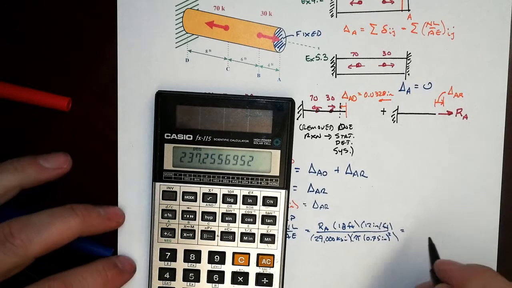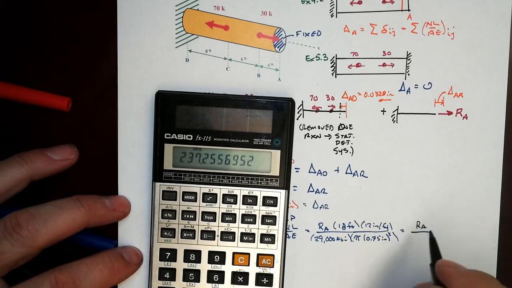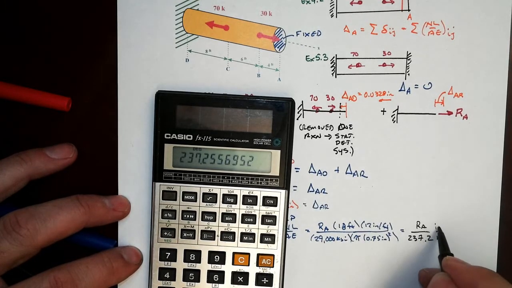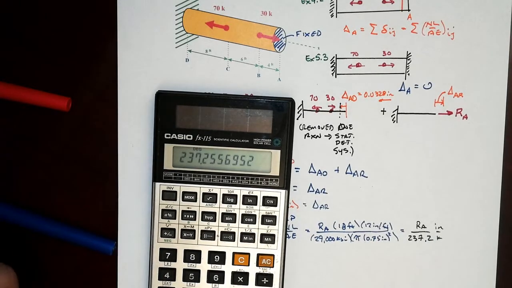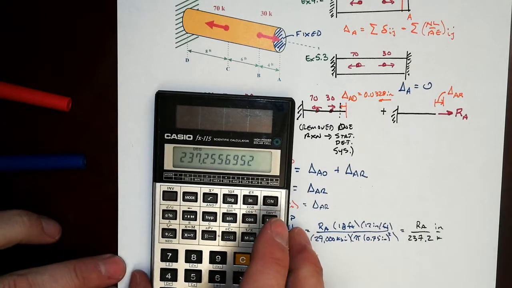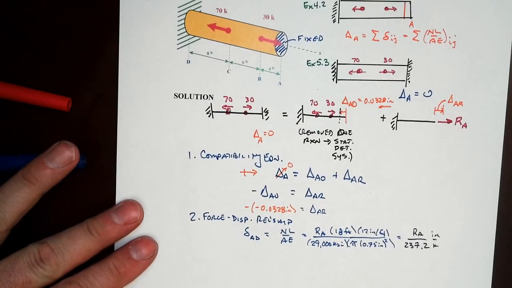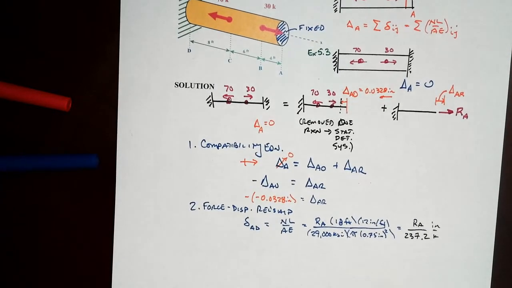And so that would be RA over 237.2. And let's see, we got kips in the bottom, kips per square inch times square, that's just kips. We got inches on the top, so that's going to be kips per inch. That'd be the stiffness here. Right? So that's good.